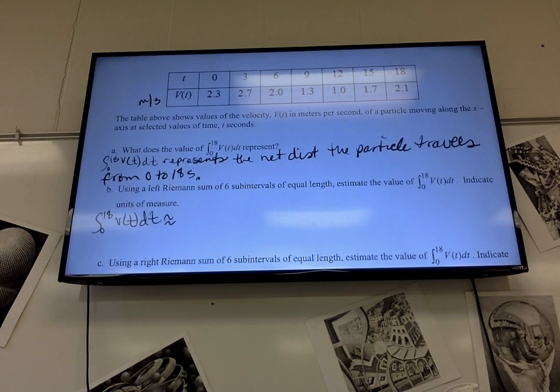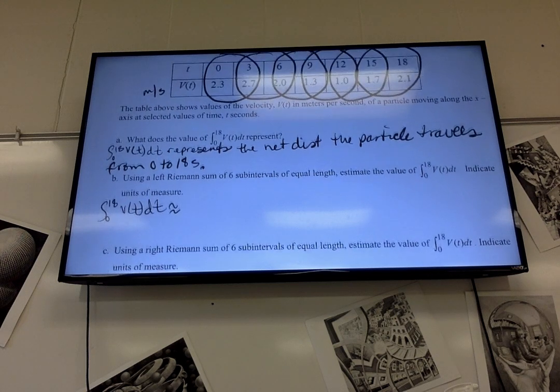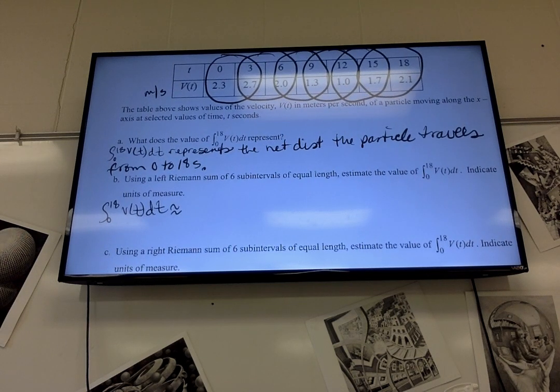Each is 3 wide. The distance between each second is exactly 3, so you don't have to keep redoing it.